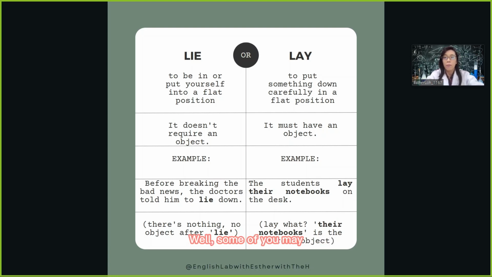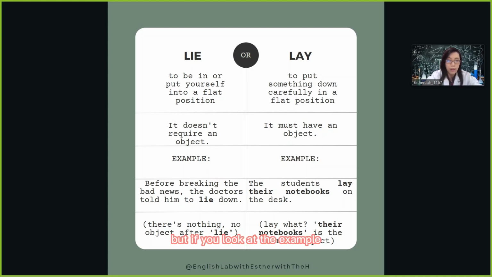Some of you may tell me the word down is the object, isn't it? No, the word down is actually a preposition. But if you don't know that it is a preposition, let's ask yourself: lie what? And what means it has to be a thing. Is down a thing, an item? No, right? So this is not an object.